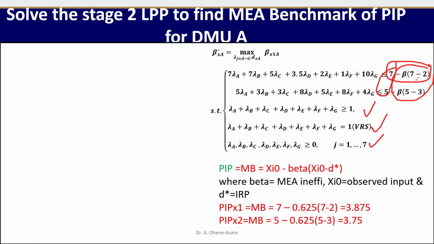So once you have this, this whole thing that is called the MEA target, there's another name for it. What's another name for this MEA target? Benchmark. Yeah, benchmark, but there's another proper name in connection with this whole multi-directional efficiency analysis.